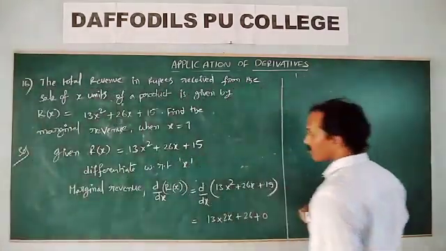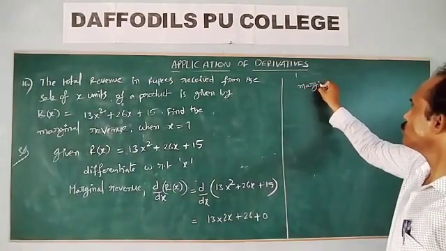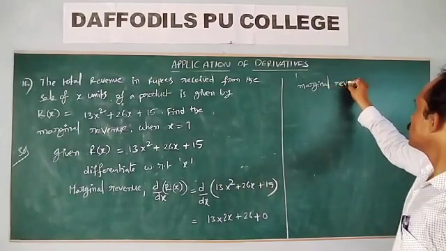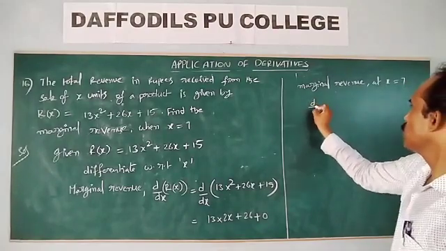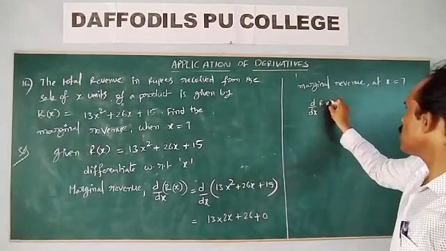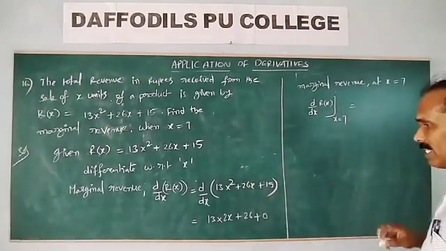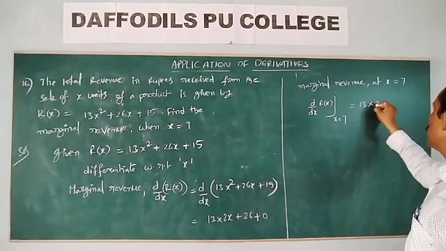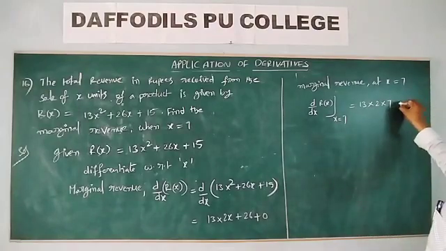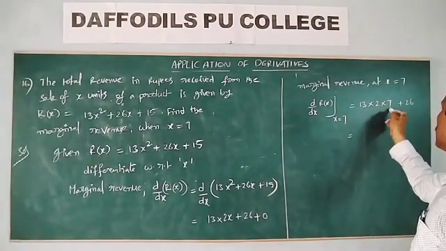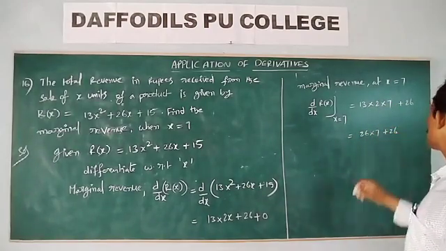Therefore, the marginal revenue at x is equal to 7 is d by dx of R of X at x is equal to 7. That implies 13 into 2 into 7 plus 26, which is 26 into 7 plus 26.